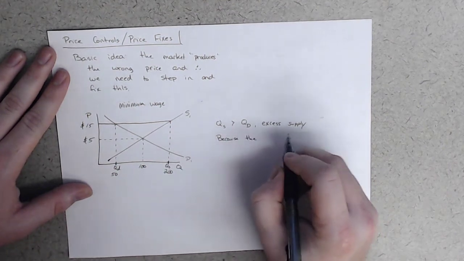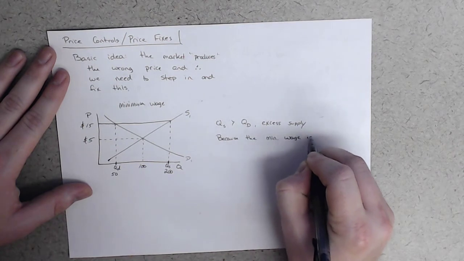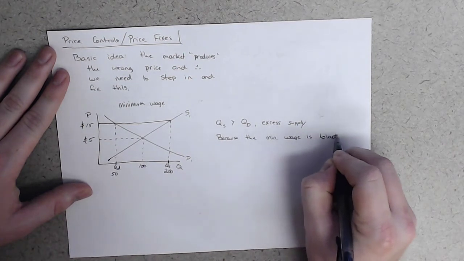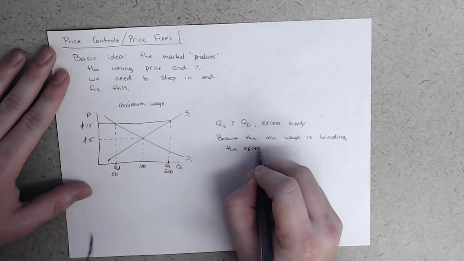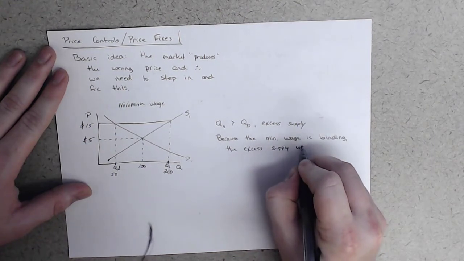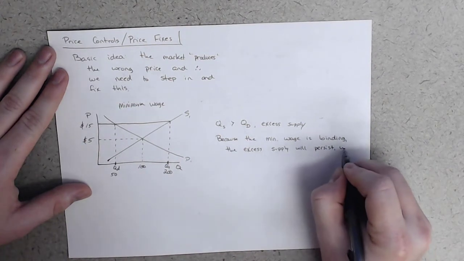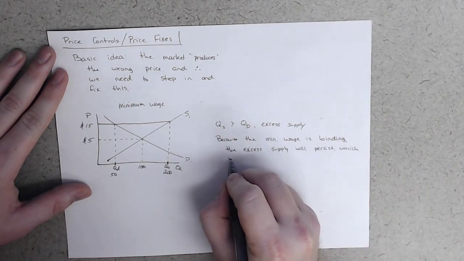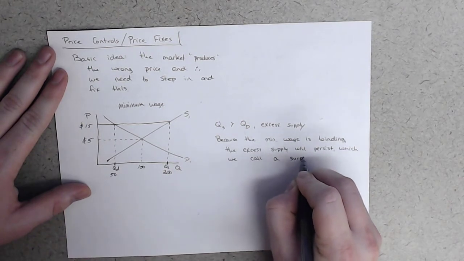So because the minimum wage is binding, the excess supply will persist, which we call a surplus.